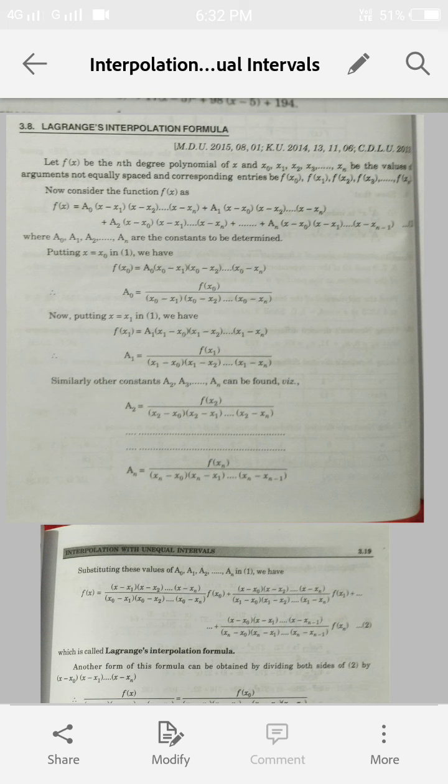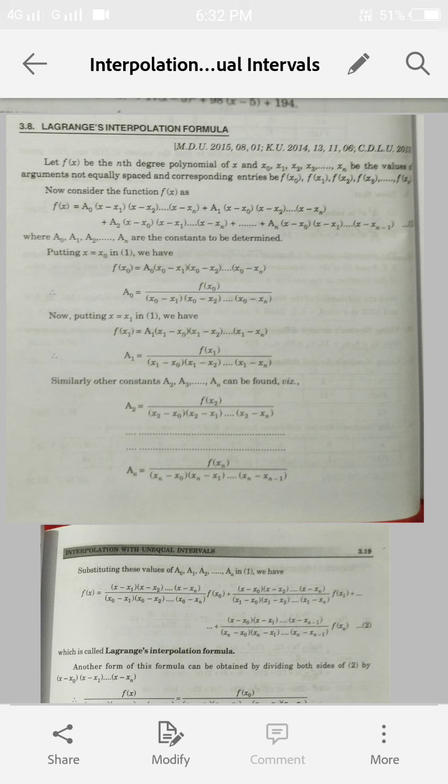Here a0, a1, a2, up to an are all constants that we have to determine. To find these values, we put x equal to x0 in equation 1. When we put x equal to x0, on the left hand side we get f(x0), and on the right hand side we are left with only one term, because all other terms will become 0 when we substitute x equal to x0.